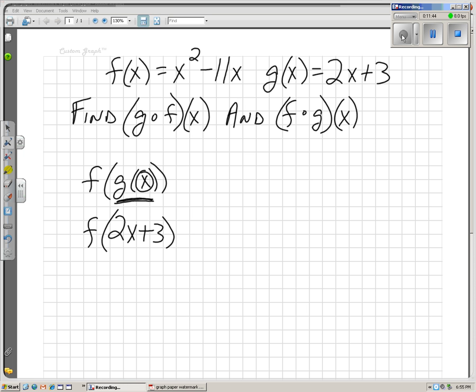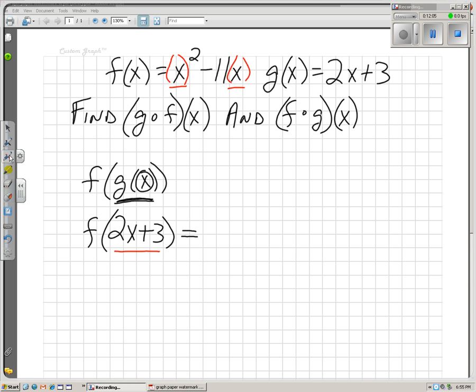Here's where things start to change now, because I'm going to take my 2x plus 3 and plug it into the f function. So in my f function, everywhere I see an x, I'm going to plug in a 2x plus 3. Now remember, it's always a good idea to use parentheses, especially when there's exponents and multiplying and stuff going on.